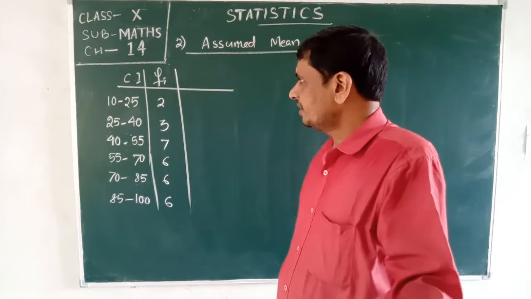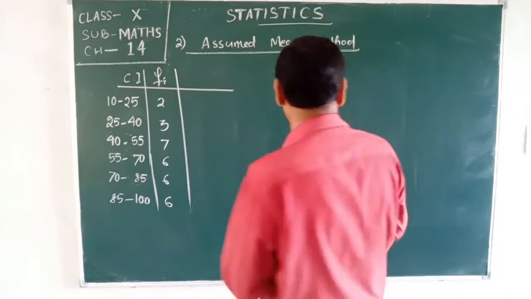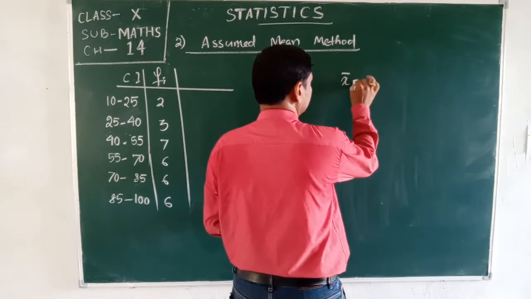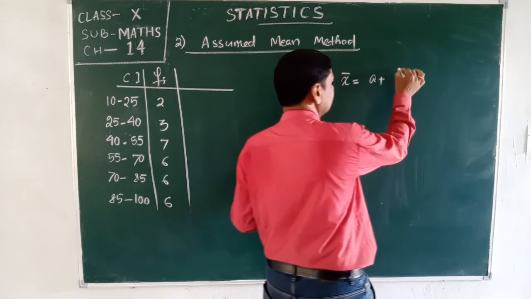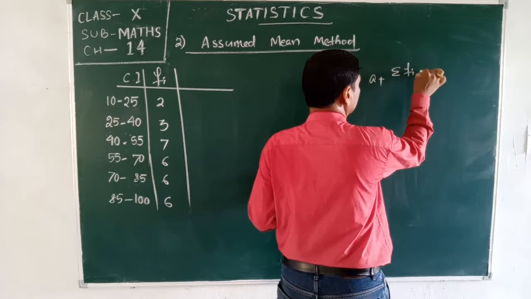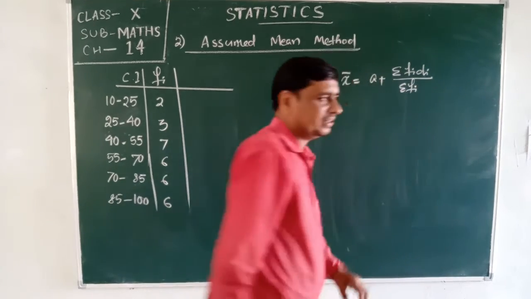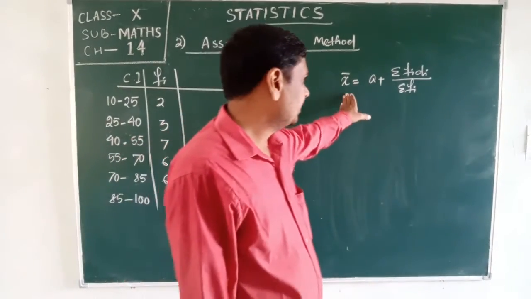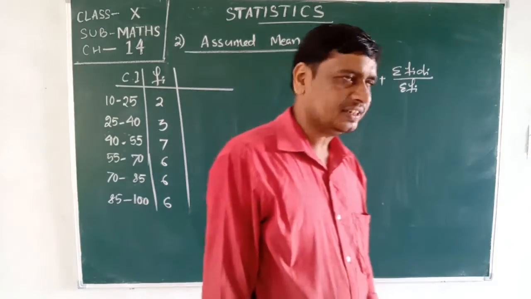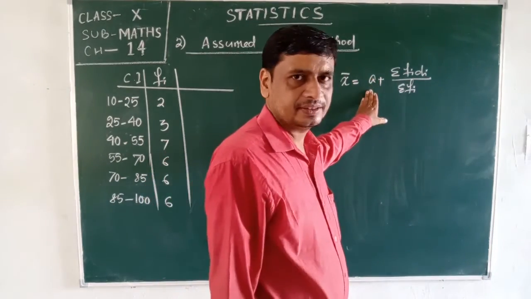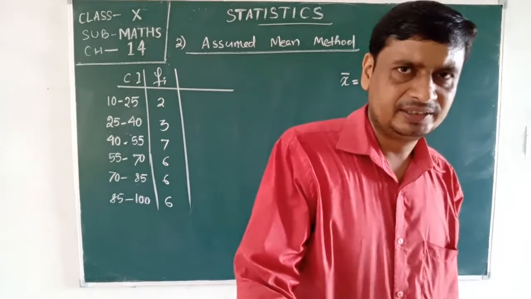To find the mean by this assumed mean method, the formula is A plus sum of fi di by sum of fi. That is the formula to find the mean of the grouped data, where A is the assumed mean.